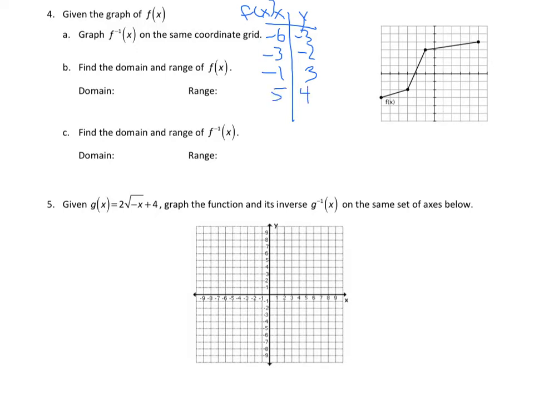So now to find points on f inverse of x, all we have to do is switch the x and y's of the points on the original function. So negative 6, negative 3 is going to become negative 3, negative 6. Instead of negative 3, negative 2, I do negative 2, negative 3. Next would be 3, negative 1, and 4, 5. And I plot those points.